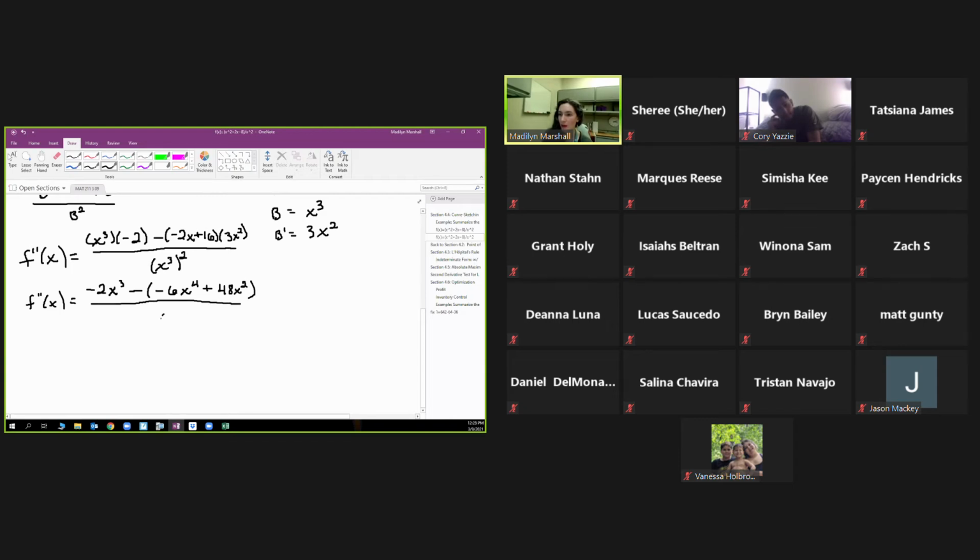And on the bottom, we end up with x to the 6th. And then we need to distribute that negative. Oh yeah, I did make a mistake. I was wondering what went wrong. This should not be a 4. That should just be a cube, because that came from the 3x squared times negative 2x.